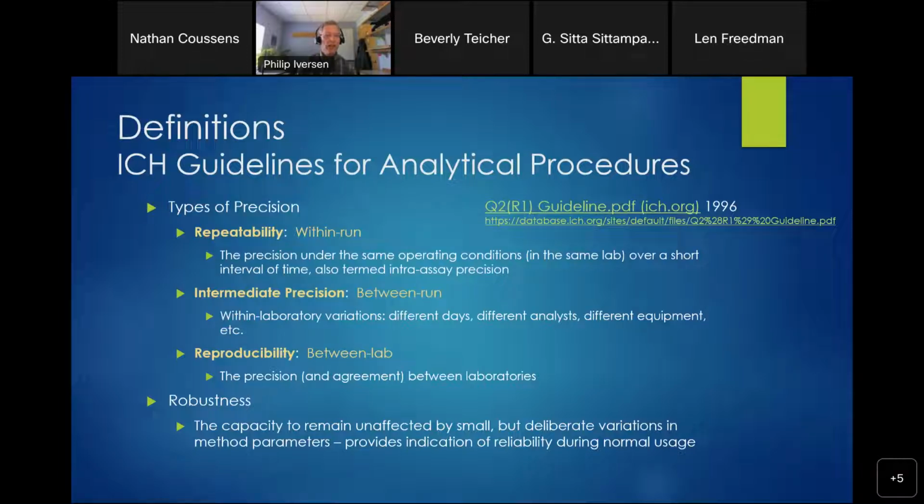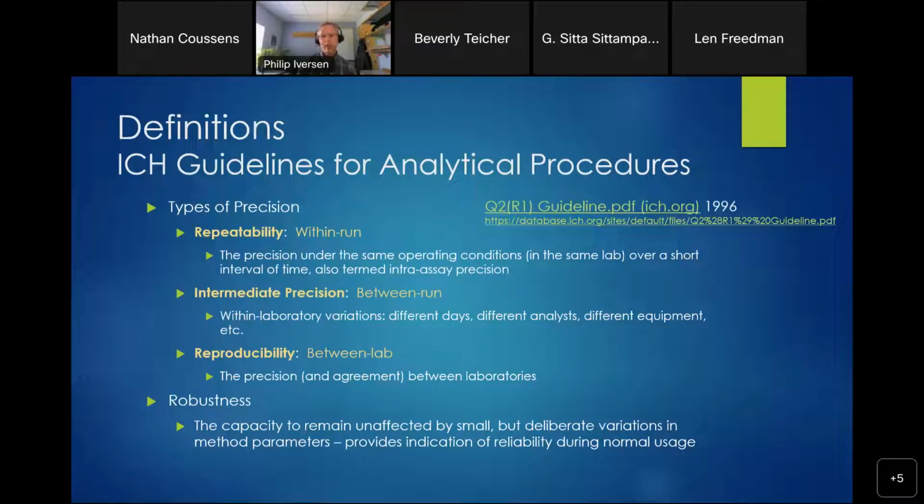Robustness is another related topic to all of this that is covered in this ICH guideline. And a definition there is the capacity for an assay system to remain unaffected by small but deliberate variations in the method parameters, whether that's your incubation time or your exact incubation temperature or amount of reagents.